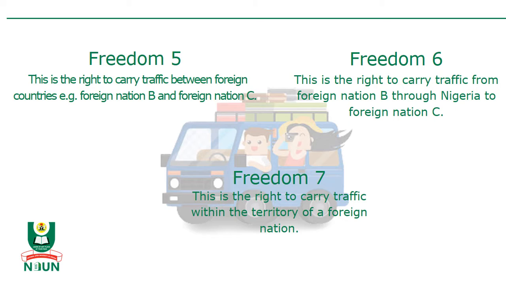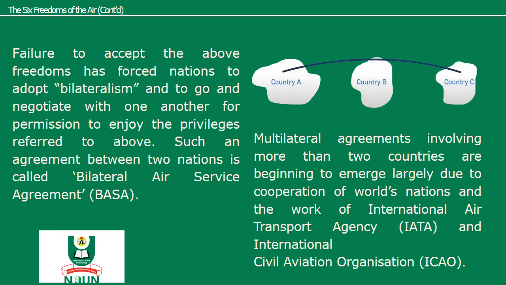And the fifth one is the freedom to carry traffic between foreign nation B and foreign nation C. Lastly, they also have the right to carry traffic from foreign nation B through Nigeria to foreign nation C, and the right to carry traffic within the territory of a foreign nation. These are all the freedoms applicable to all air transports.